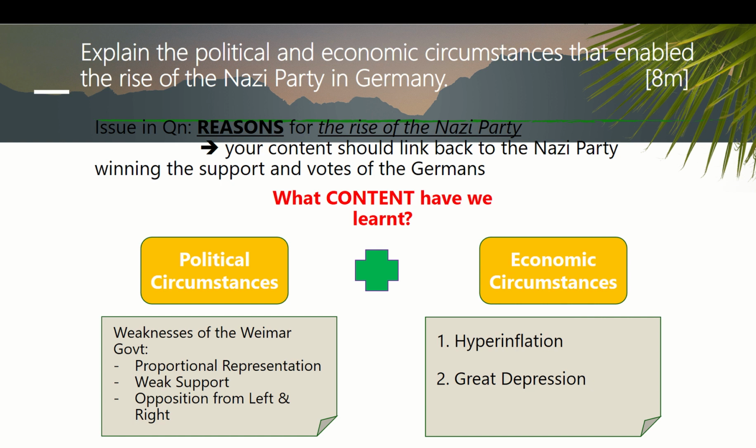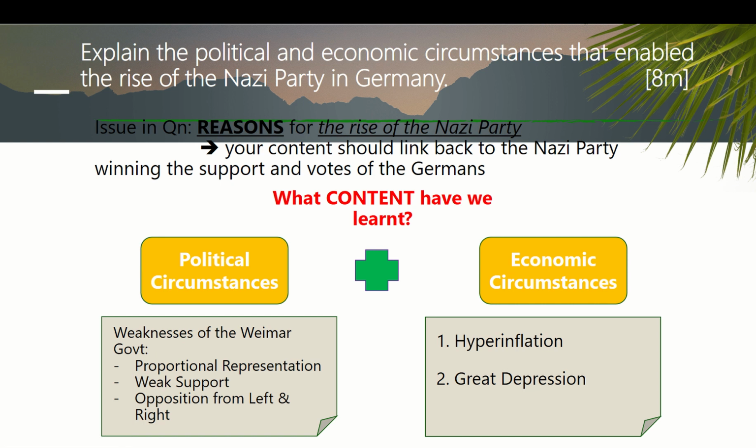For example, if we are going to be writing about proportional representation as a weakness of the Weimar government, we must firstly elaborate what is proportional representation. And then you have to be able to tell me how the problem of proportional representation was a reason for the rise of the Nazi Party.